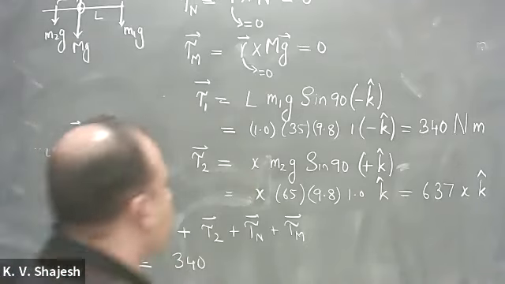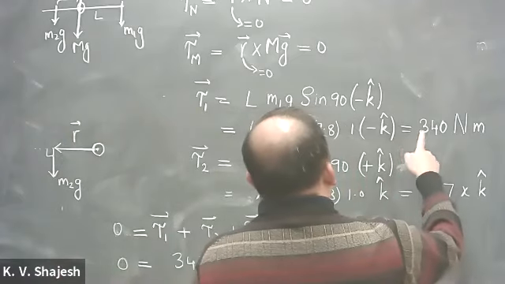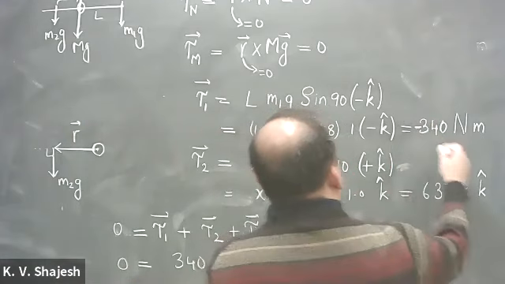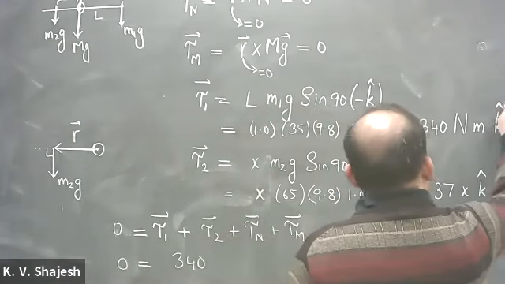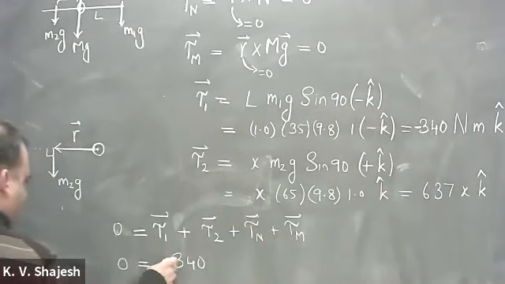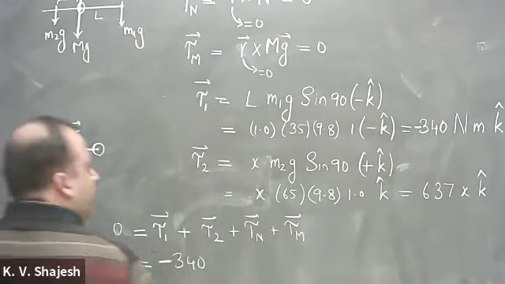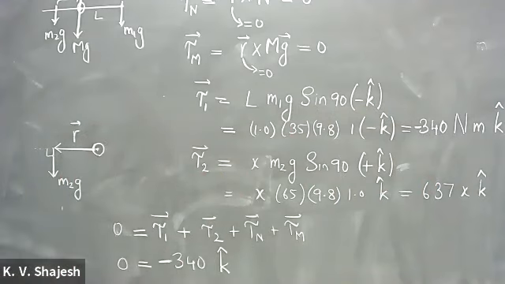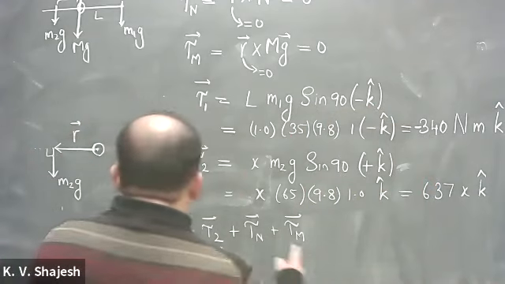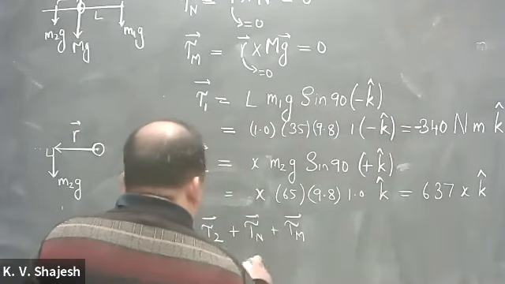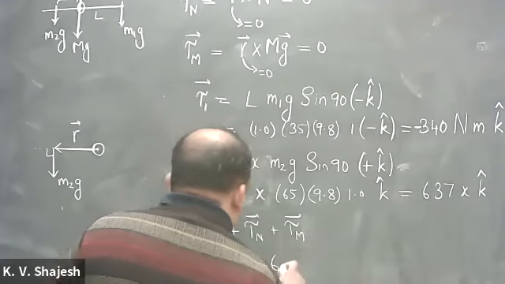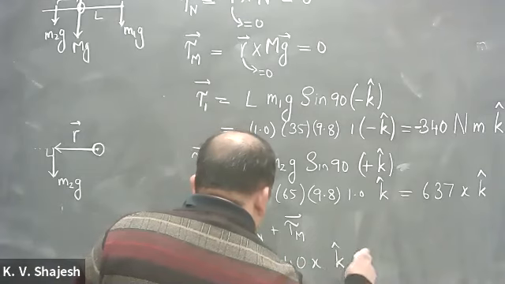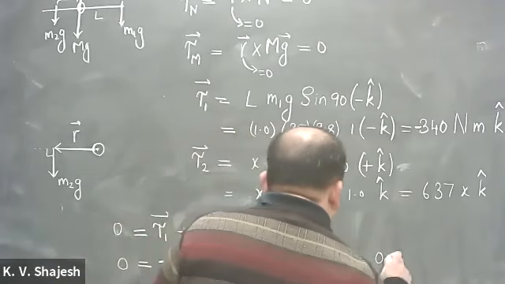When I wrote 340, I should have written the direction. So this is minus k hat. Let me write that as minus 340, without the units, k hat, and the torque due to the second force is 640x in the direction of k hat, plus 0 plus 0.